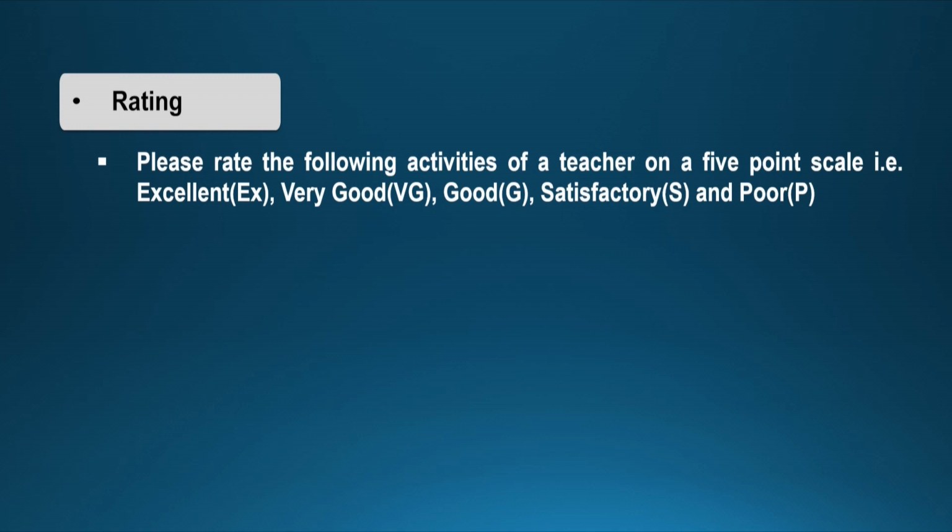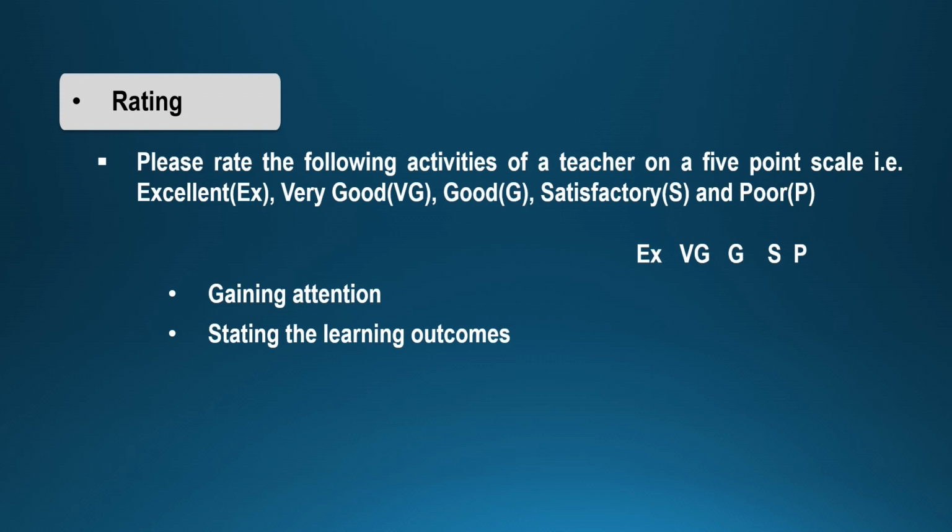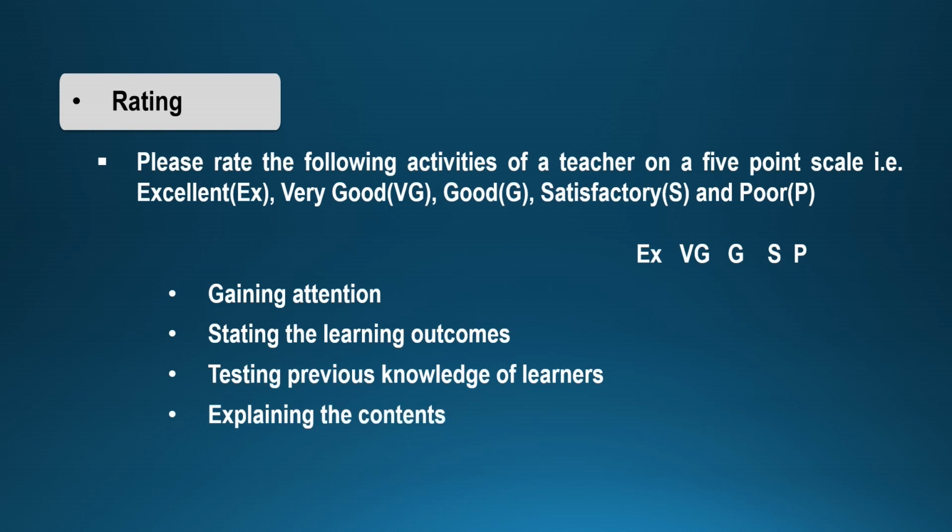Now the observer has to rate how the teacher gained the attention, whether it was excellent, very good, good, satisfactory, or poor. So likewise, how the teacher stated the learning outcomes, how he tested the previous knowledge, how he explained the contents and asked the questions and provided the feedback. So the observer is now rating the phenomena on a 5-point scale.